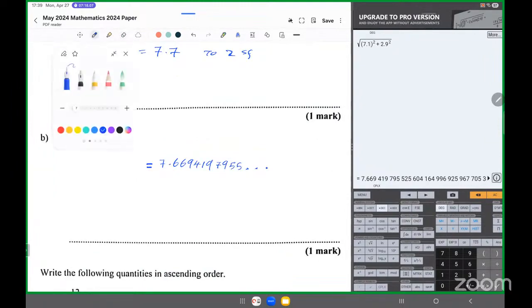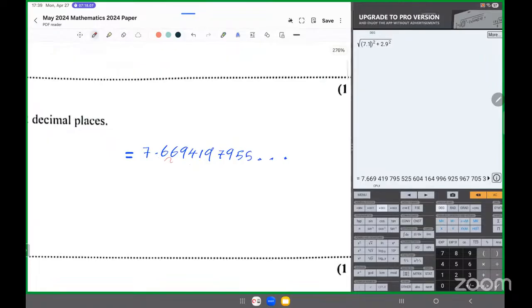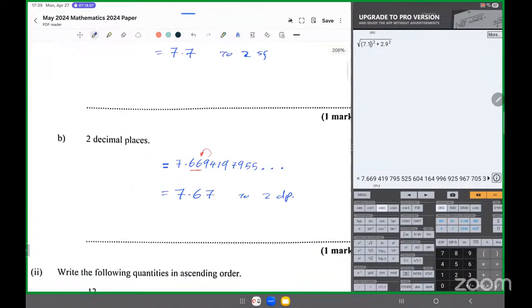These are the two decimal places, the places after the decimal point. We're using this 9 now to correct that 66 to become 67. So it becomes 0.67, and the answer is 7.67 to two decimal places.